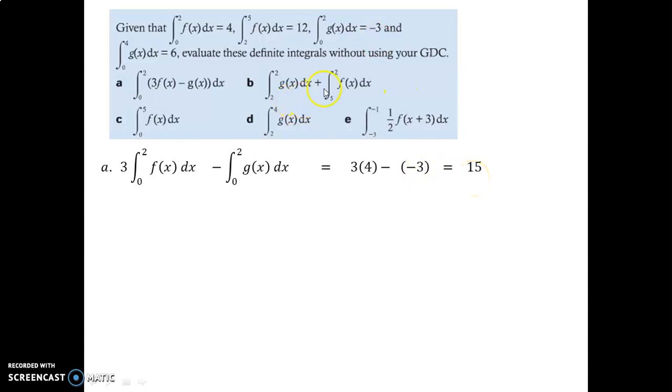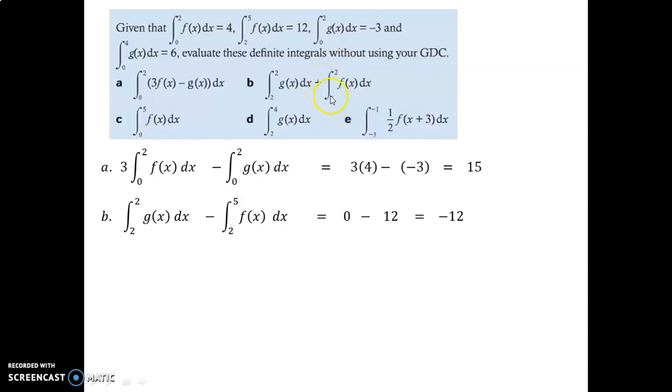Try B in the same way. Do you see a connection between B and these things here? Okay, in B, we have this function, and we know the rule that usually when we do definite integrals, we go from the lower number to the higher number. So that's like if the 2 was here and the 5 was here, we would be saying we want the area from x values of 2 to 5.